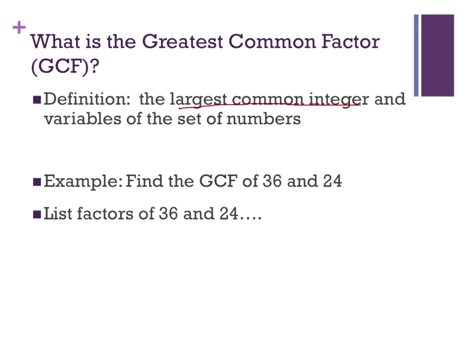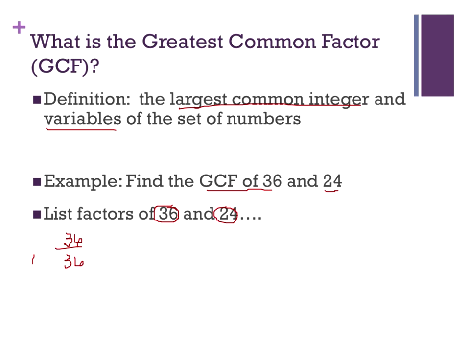The definition is it's the largest common integer and variables of some set of numbers. So for example, if we're asked to find the greatest common factor of 36 and 24, we want to start perhaps by listing all of those factors of 36 and 24.